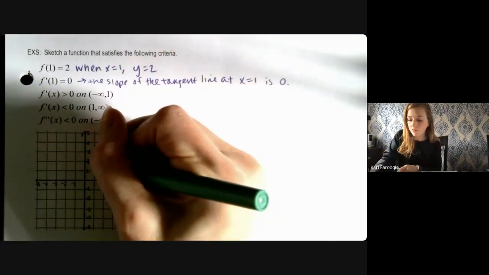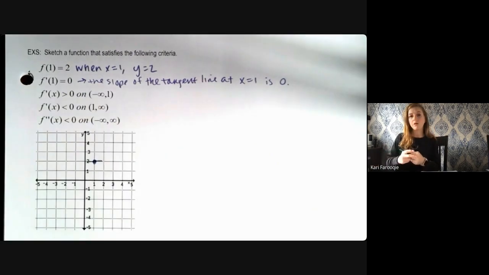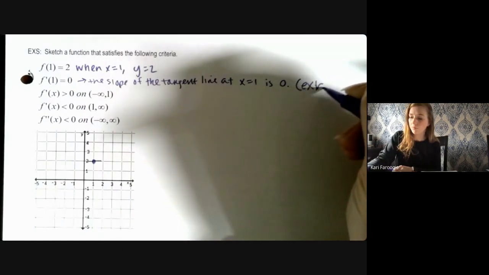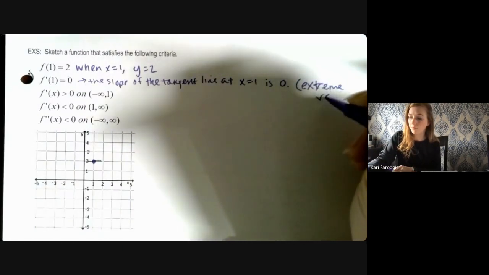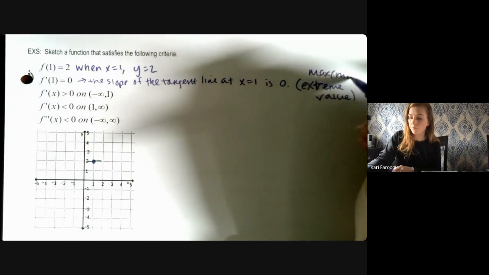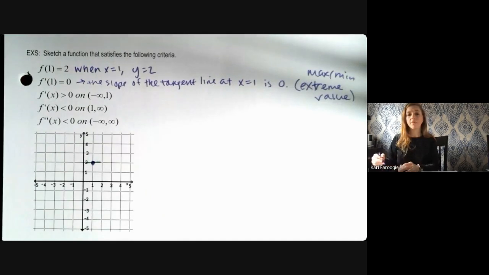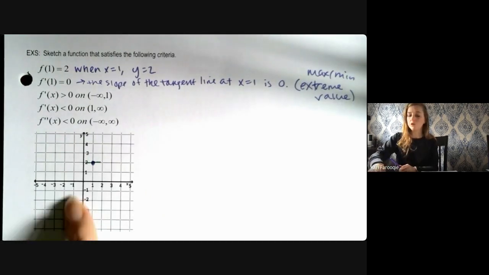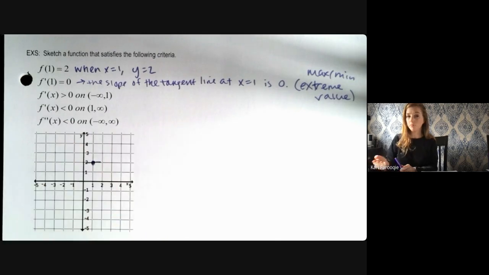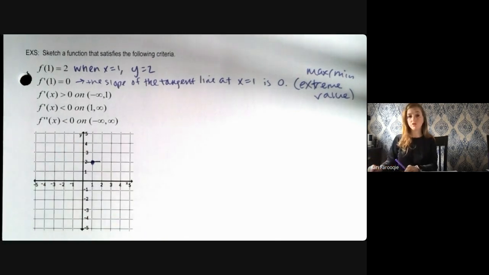You can sketch it if you want. It's not technically part of your graph, but that means that this is going to be some sort of extreme value, probably. Either max or min. Now, it could always be one of those places where the graph levels off and keeps going in either direction. So we're going to use the rest of the information to determine if that's true.